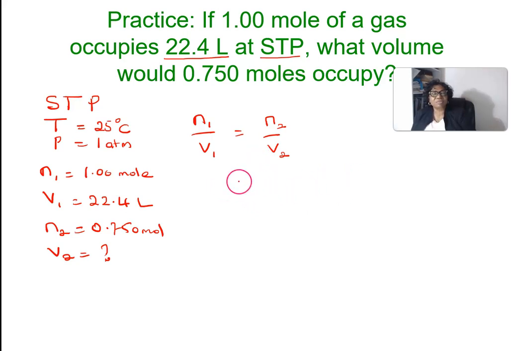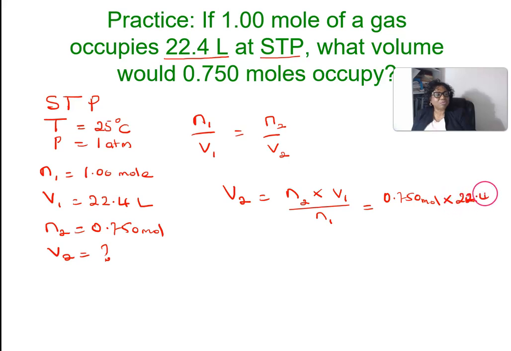We're going to rearrange this equation. V2 equals N2 times V1 over N1. So this is 0.75 moles times 22.4 liters all over 1.00 moles.